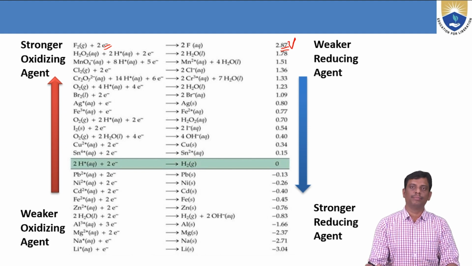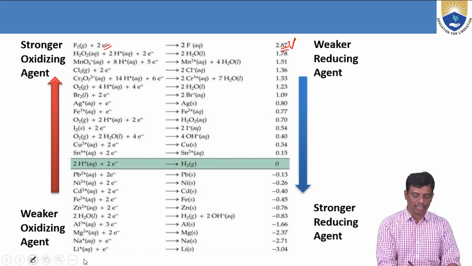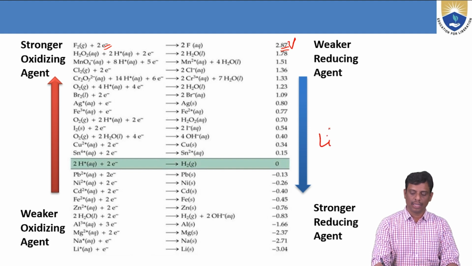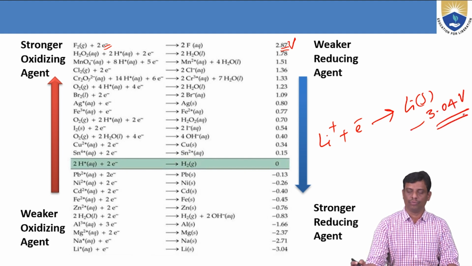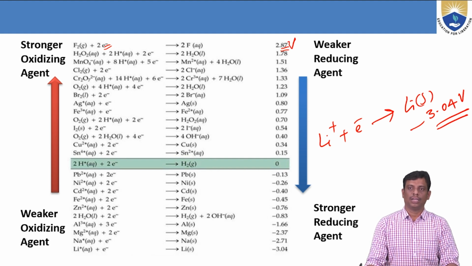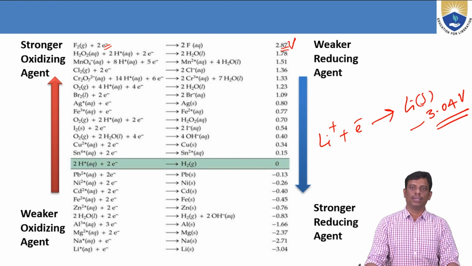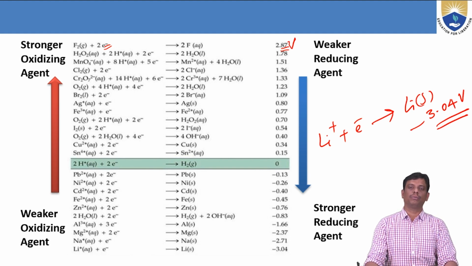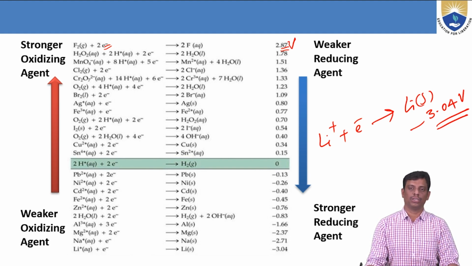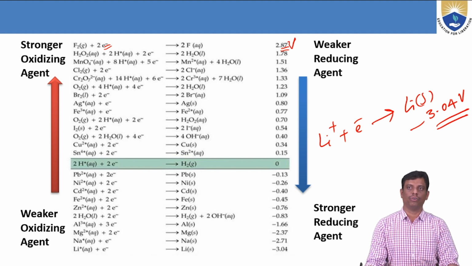Similarly, lithium plus ion gains an electron and is converted to solid lithium, with a potential of minus 3.04 volts. This is the highest negative reduction potential of a metal.